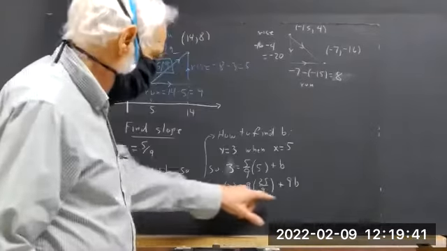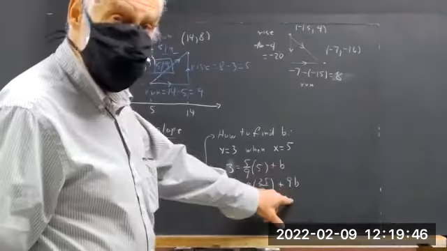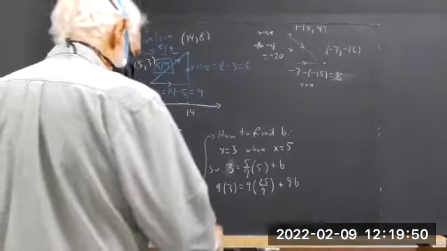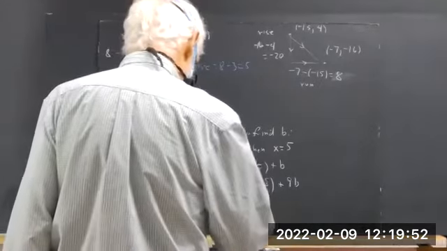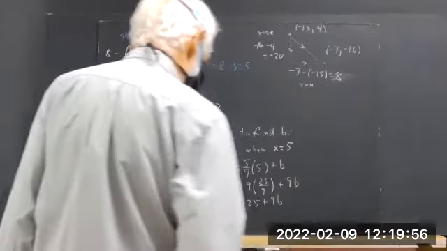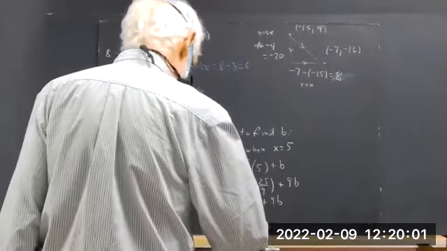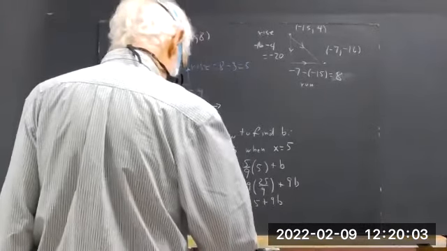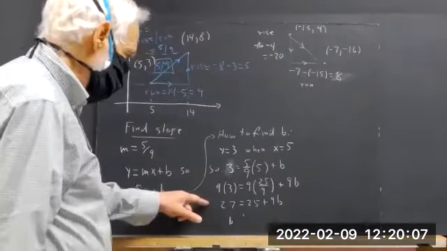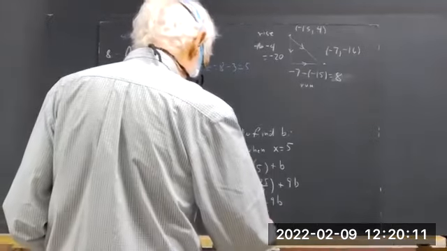Now I've multiplied every term in the equation by 9. Don't forget to multiply b by 9, because if you don't, you're going to get something ridiculous. And that gives me 27 equals 25 plus 9b. I'm not going to write out the steps because you understand: I subtract 25 from both sides, I get 2 over here, and it's pretty easy to see that we're going to get b equals 2/9.